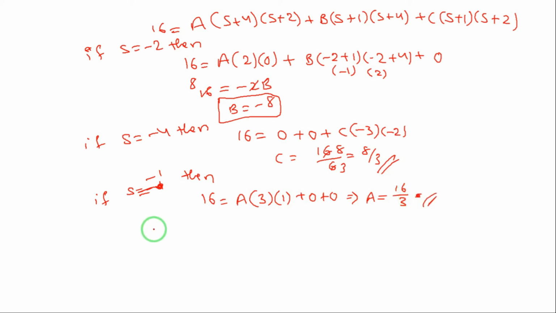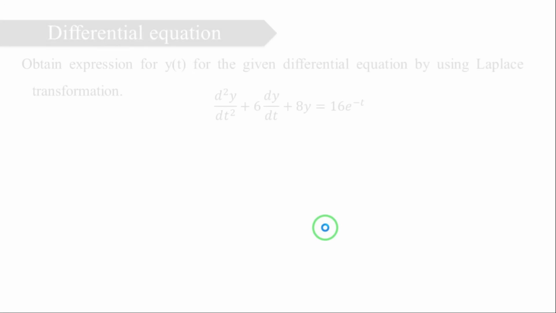Now the final equation: y of s is equal to 16 by 3 into 1 by s plus 1, plus b, which is minus 8, divided by s plus 2, plus c, which is 8 by 3, into 1 by s plus 4.